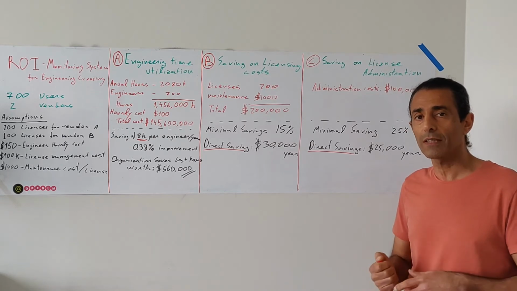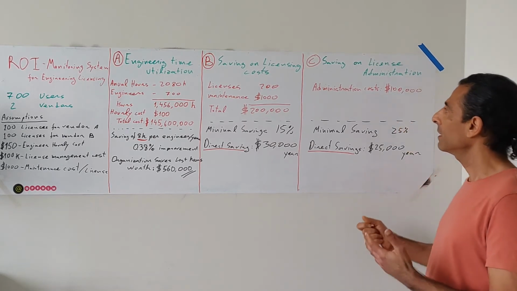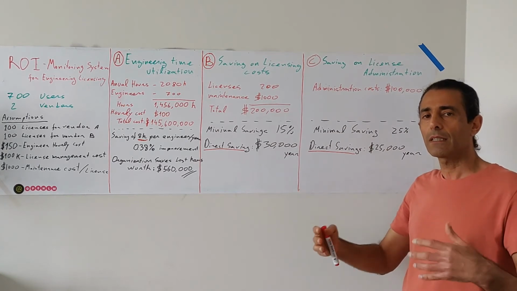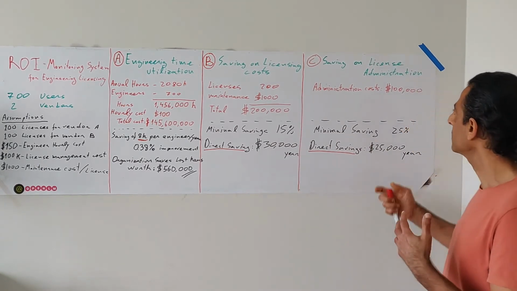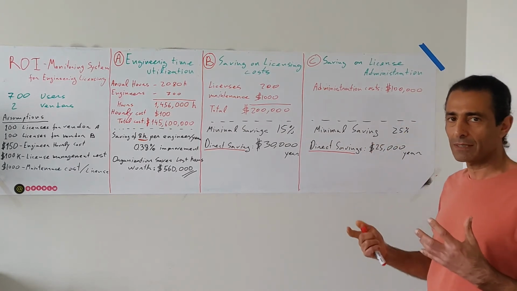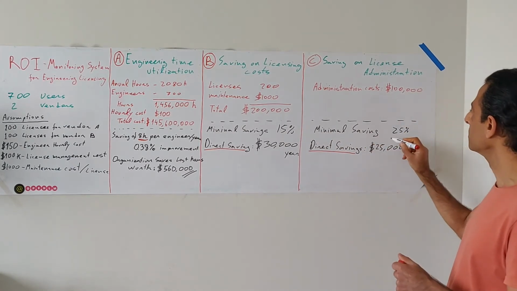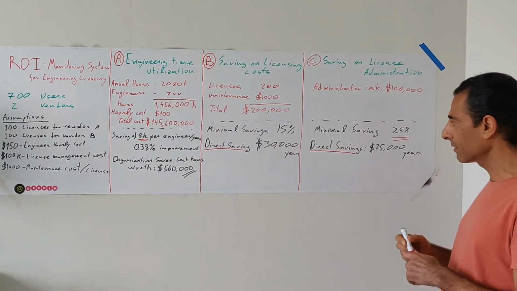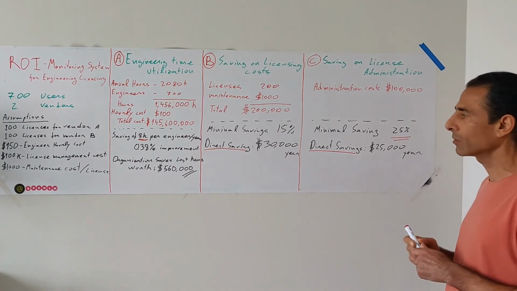It takes a lot of time, lots of hassle. A system takes much of this hassle and automates it, and this is why we take a minimal saving. This is 25%. And we are looking into a direct saving of $25,000.